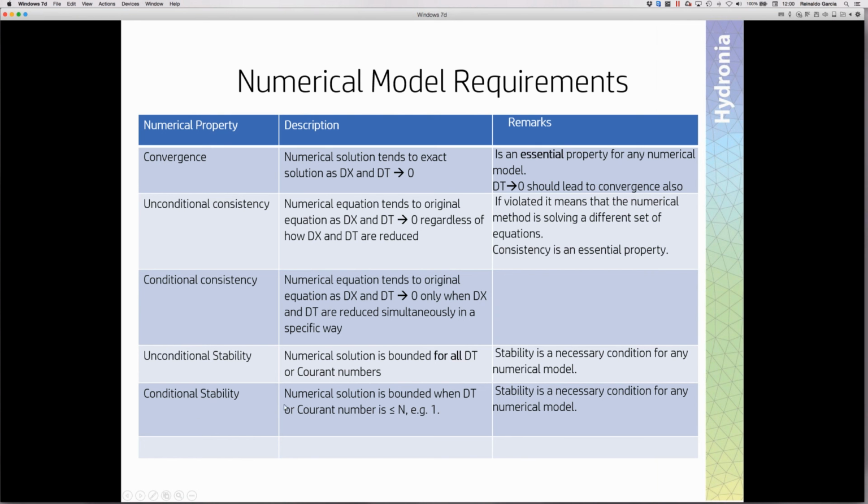The ones we are dealing with today are conditionally stable. They have a condition by which, if you respect that condition, the model will be stable. In the case of RiverFlow2D, that condition means that the Courant number needs to be smaller than 1. And for HEC-RAS and SRH-2D, that condition is a little more flexible, and you can use, in theory, larger time steps.